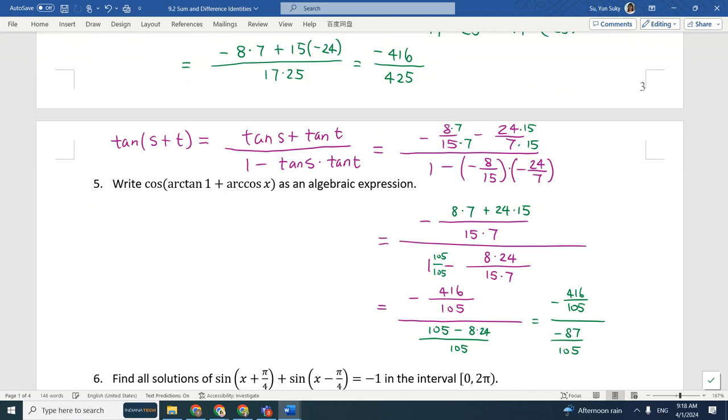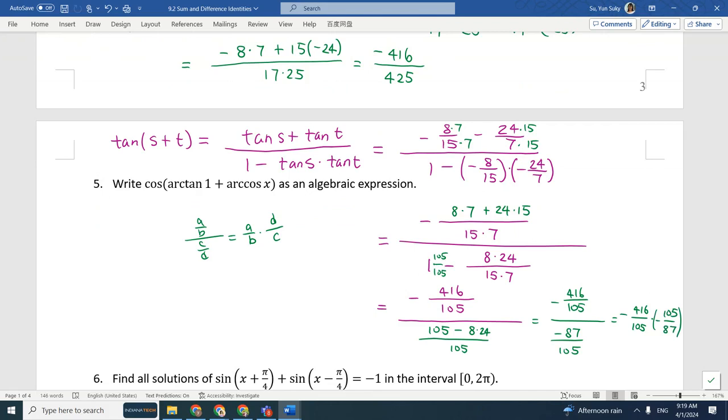Now you remember A over B over C over D is A over B times the reciprocal, which is D over C. So this is negative 416 over 105 multiplied by the reciprocal, which is negative 105 over 87.